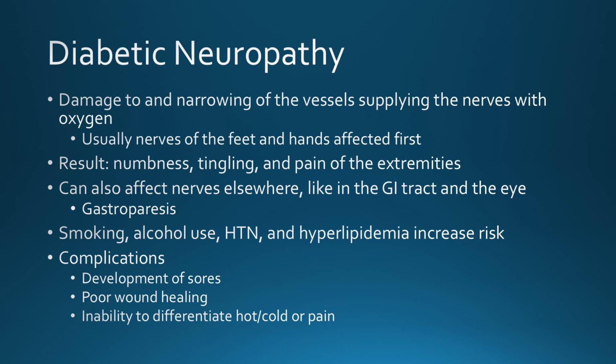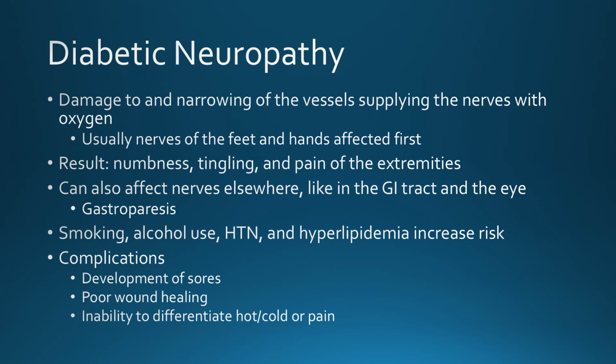Something else that we need to remember is that other nerves can be impacted too. So commonly we can see nerves of the GI tract being affected, nerves of the eye being affected. Gastroparesis is what causes that slowing of the GI contents being passed out of the stomach to the small intestine, and this results from that damage to the nerves.